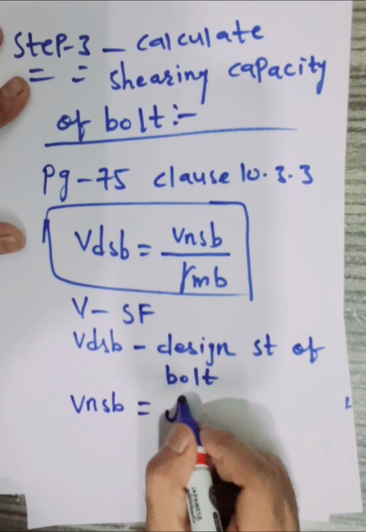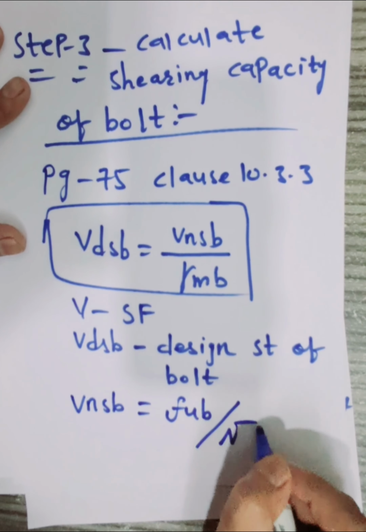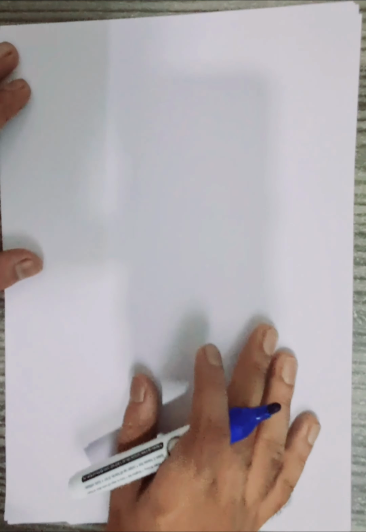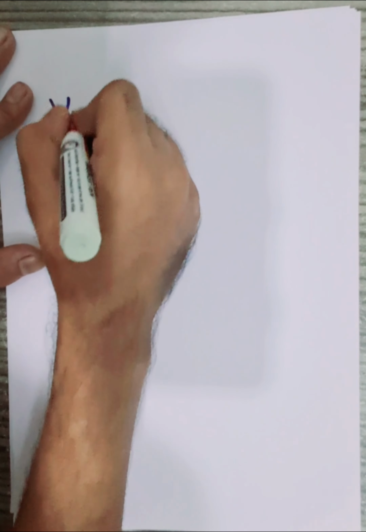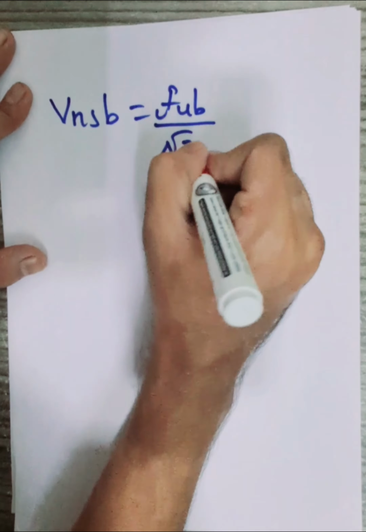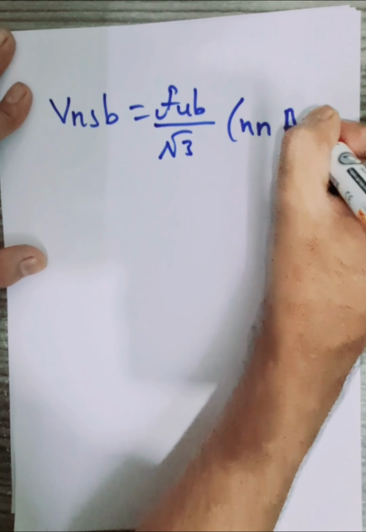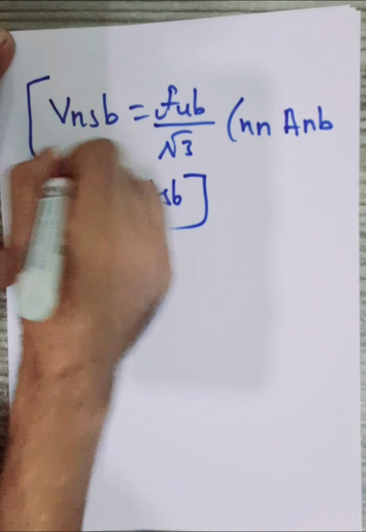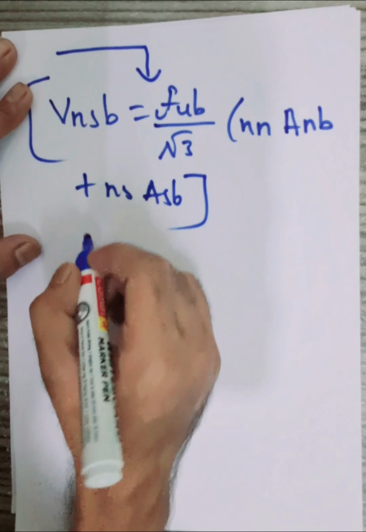Next, VNSB. We have a formula again for this: VNSB is equal to FUB divided by root 3 into (NN ANB plus NS ASB). Then what is NN here?